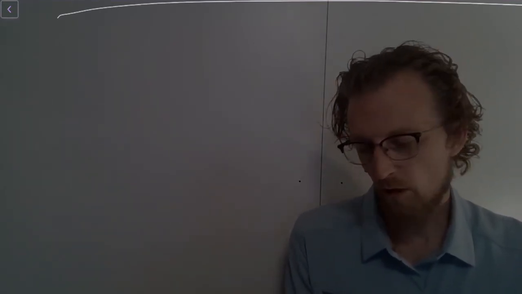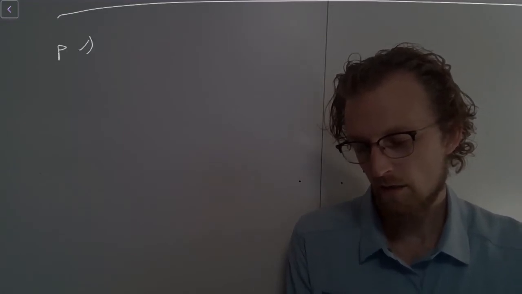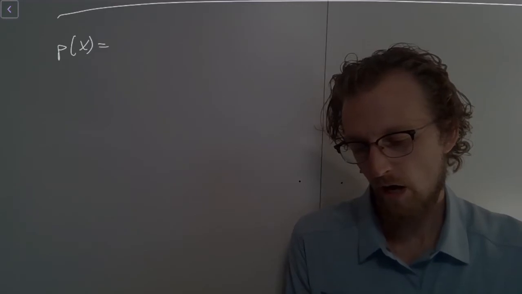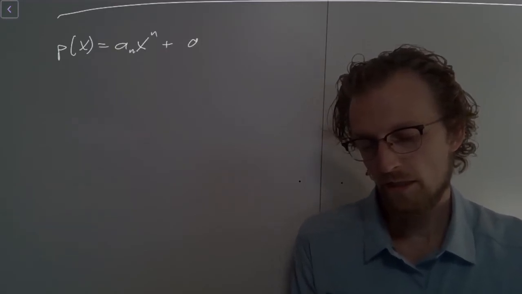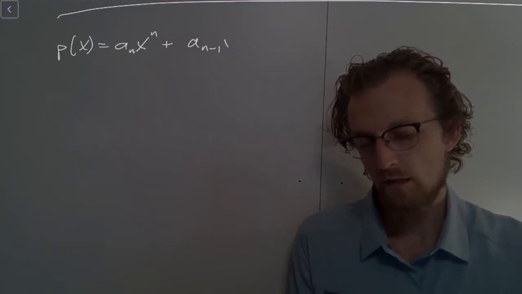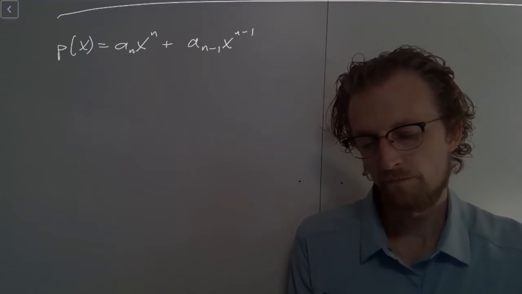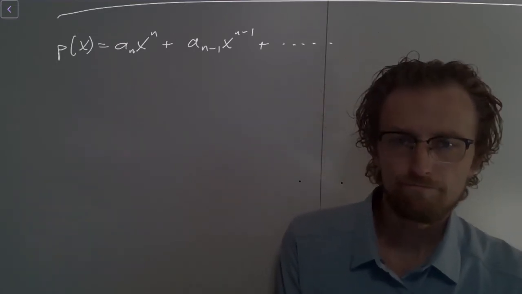So let's go back to our polynomial formula. So p of x here is given by a_n x to the n plus a_(n-1) times x to the n minus 1 plus and so on.